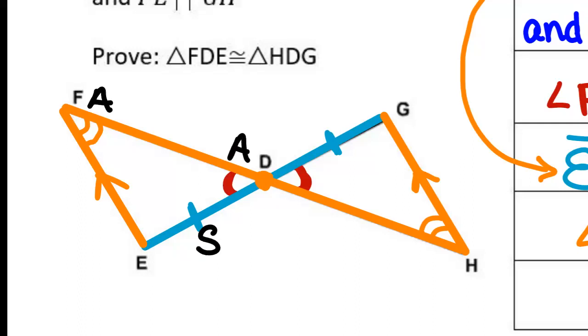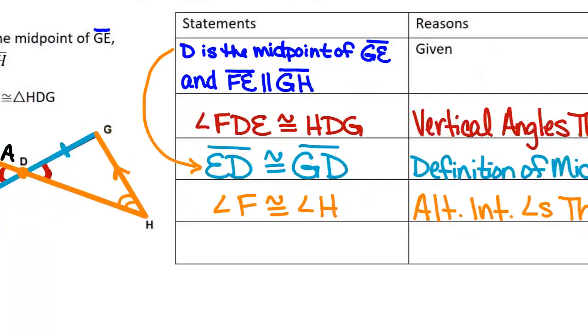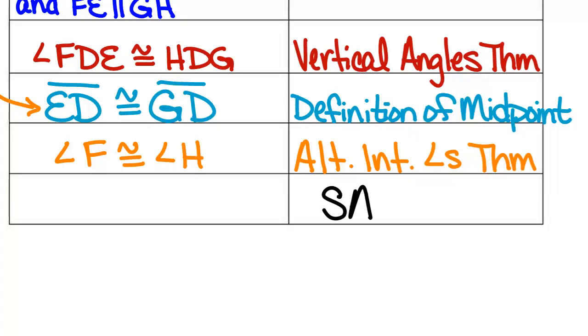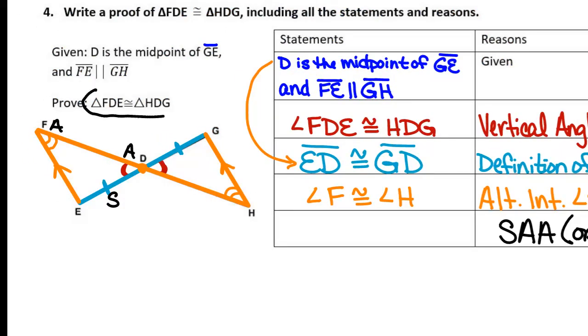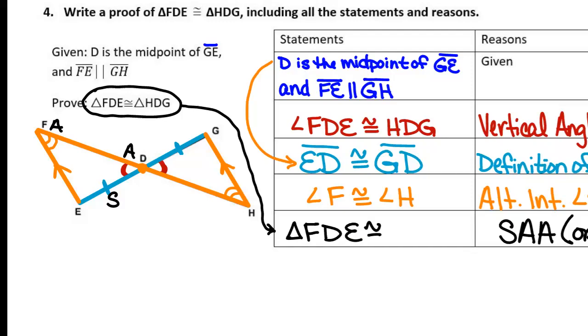I can only use angle, side, angle when it's the side smashed in between those angles. So we're going to use side, angle, angle. Or you can call that angle, angle, side. They already wrote my triangle congruence statement for me, so I'm just going to recopy it down here in this bottom box. Triangle FDE is congruent to triangle HDG.